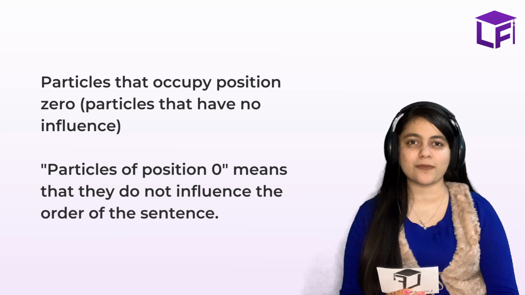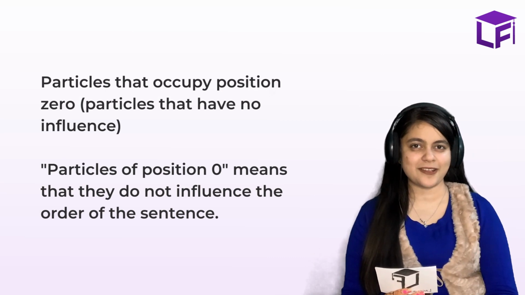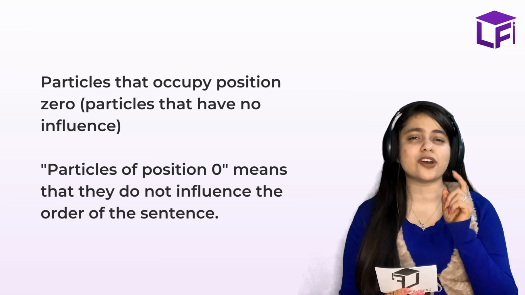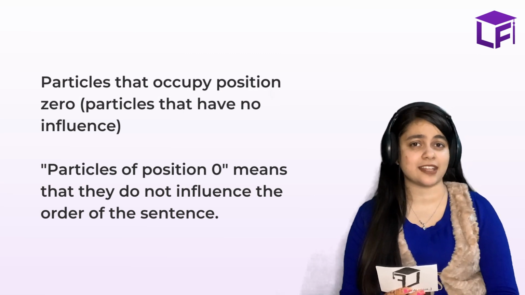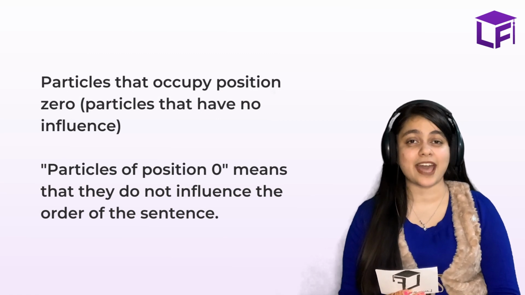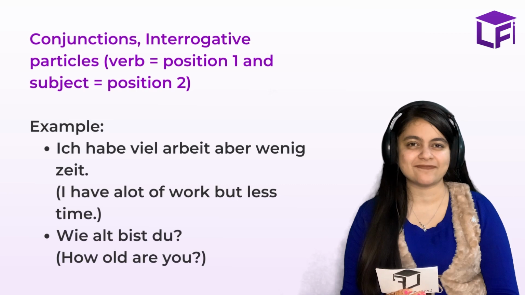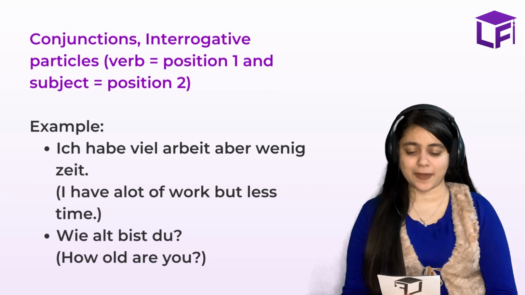Particles that occupy position 0. Well, which are those particles? The particles that do not really influence the sentence are known as particles 0, and they occupy any place they want in the sentence. Well, let us understand these better.